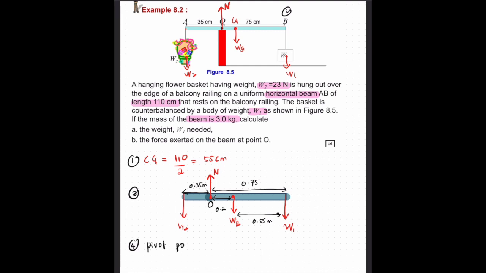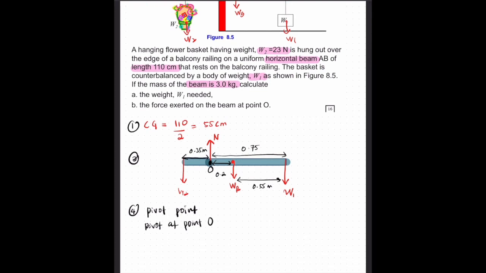For the pivot point, we use the condition total torque equals 0, or total torque anti-clockwise equals total torque clockwise. For the pivot point, you can choose any point. For me, I choose point O. Pivot at point O.